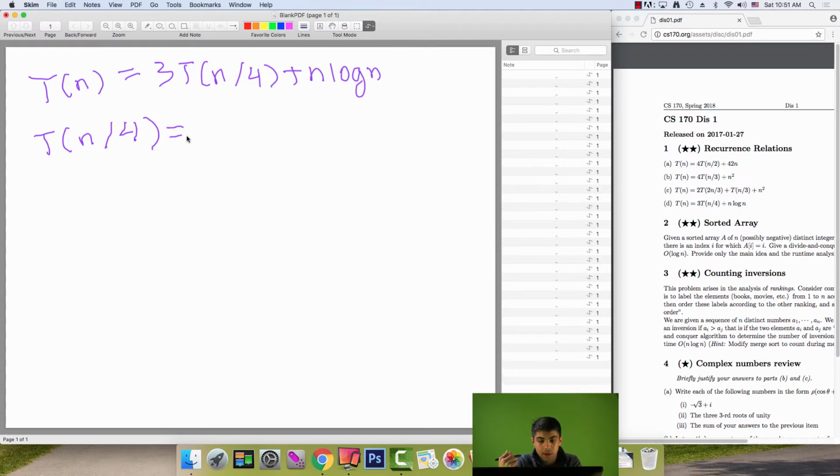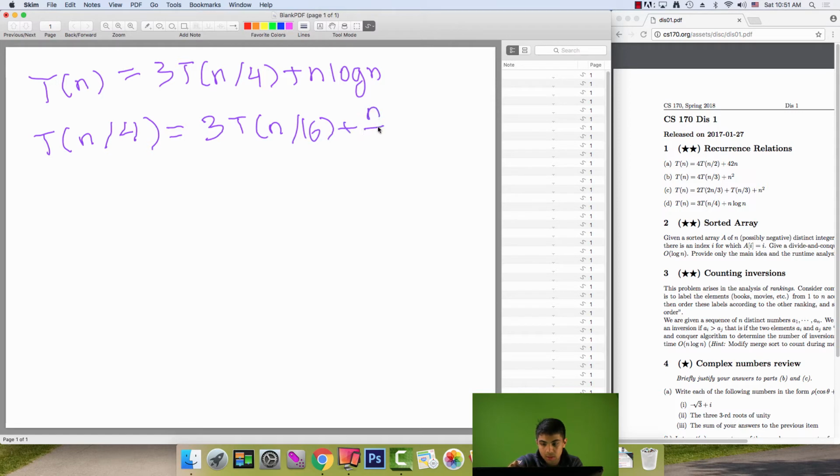So we can do this just by substituting into our original recurrence relation. And this gives 3T(n/16) plus (n/4) log(n/4). All right. Now let's substitute this formula back into our original recurrence relation.